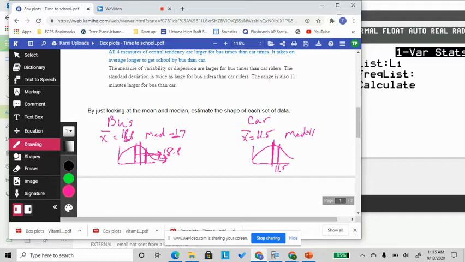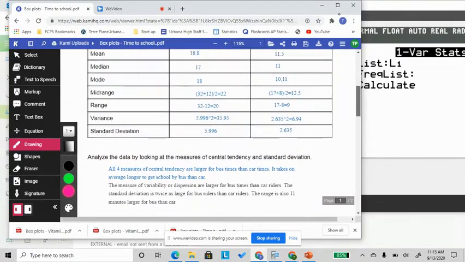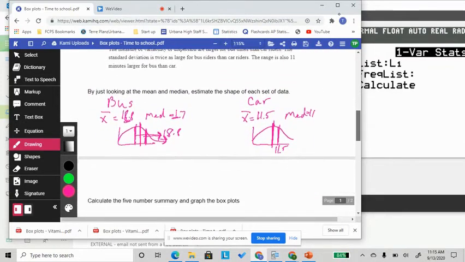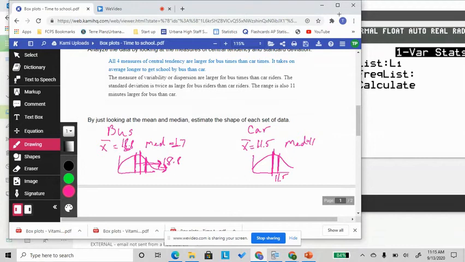One's also at 10 too, so I think it's bimodal because you have a 10 and an 11. So the bus one is going to be a right skew, and this one is going to be mostly symmetric, and it may be a slight right skew.